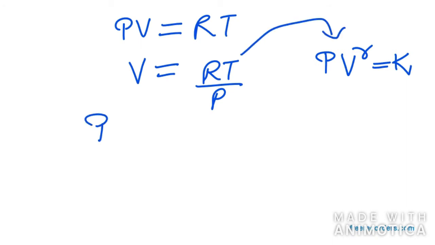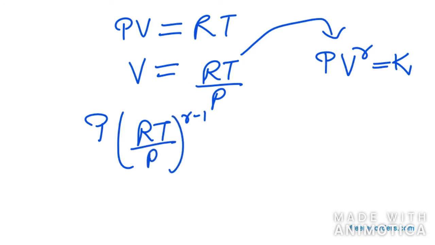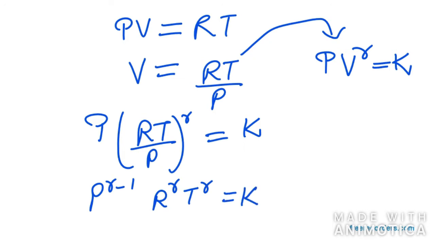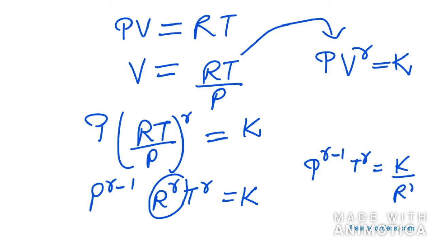So this will be P (RT/P)^gamma equal K. So it will be P^(1 minus gamma) R^gamma T^gamma equal K. Now again bringing this constant to right hand side, my equation will be P^(1 minus gamma) T^gamma equal constant.